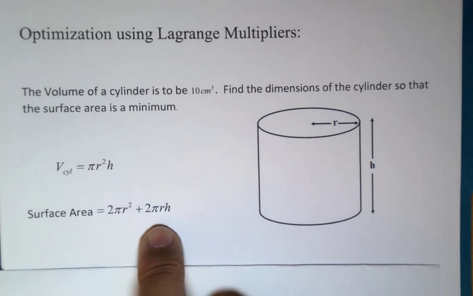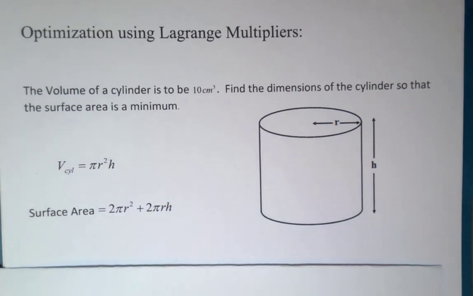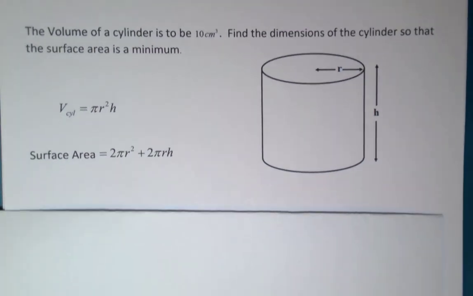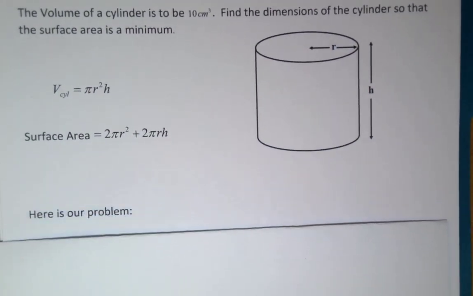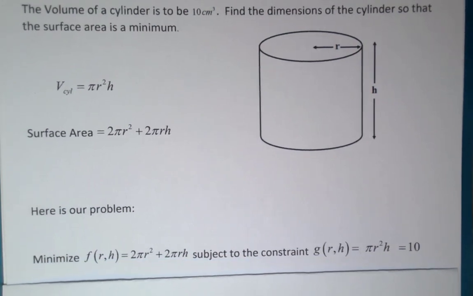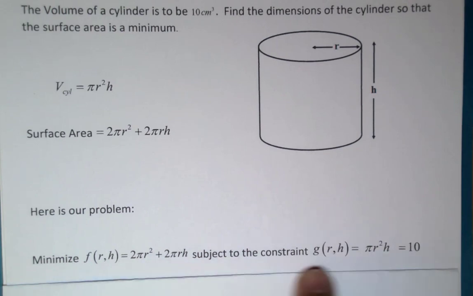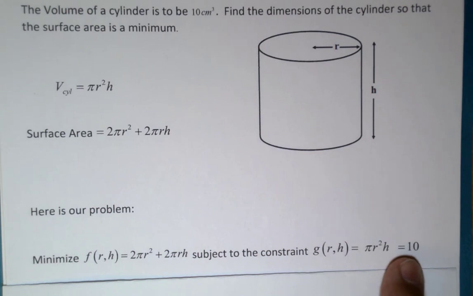Now, what's the actual question put in more mathy terms? The actual question is to minimize this surface area function. Variables would be the radius of the circle and the height of the cylinder, and the constraint would be the volume that is equal to 10.